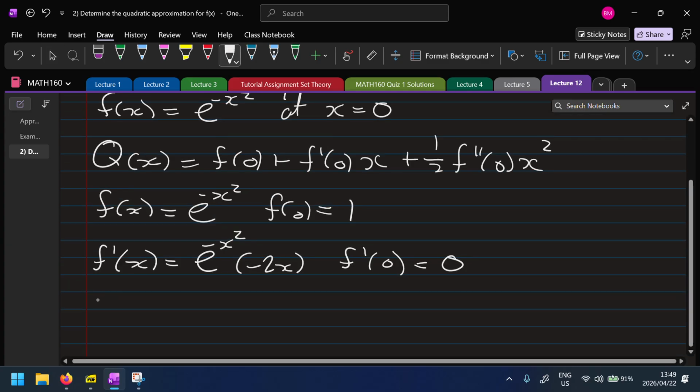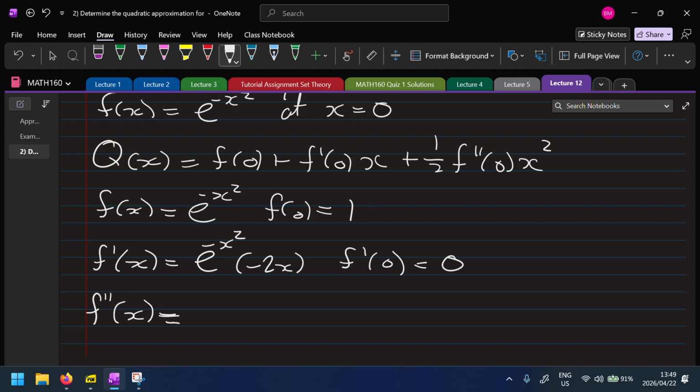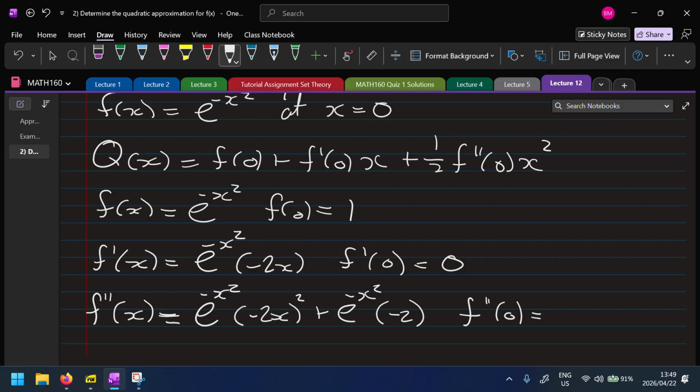Okay, and then we need f double prime. Okay, here it's a little bit more complicated. Got the product rule. So let's do the derivative of the first one. So that's e to the minus x squared. We get another minus 2x, so that will be squared, plus e to the minus x squared and minus 2. Okay, f double prime at 0. Negative 2. Good.